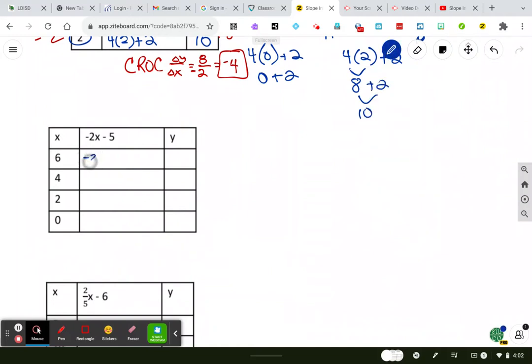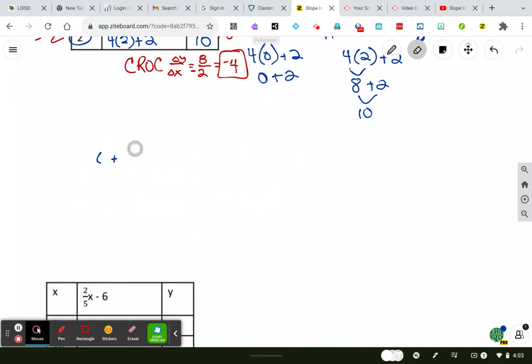Same thing. Negative 2 times 6 plus 5. Negative 2 times 6 is negative 12, plus 5 is negative 7. And I've done that wrong. Let's look at that again, because I'm not paying attention, doing two things at once.